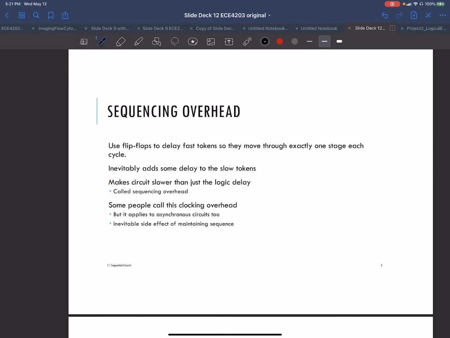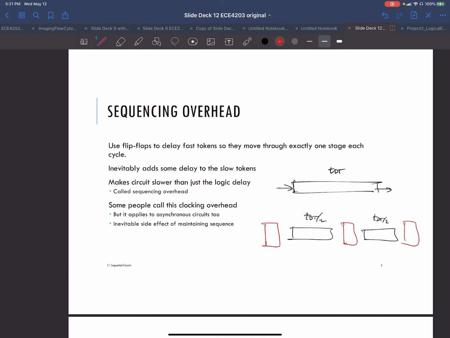In the case where we took a combinational circuit that had a total delay and divided it into two blocks with half the delay so we could get more pipelining in, to be able to do that we had to add flip-flops.